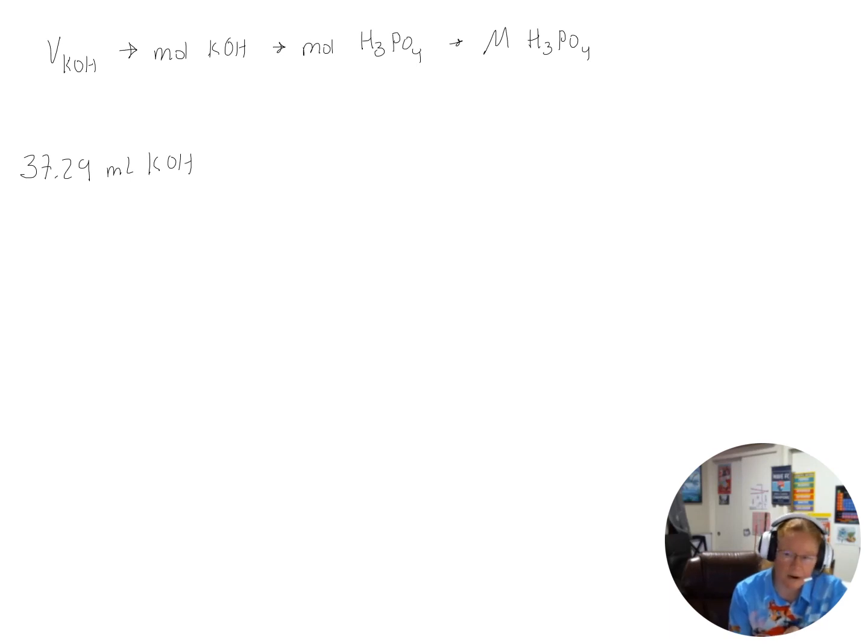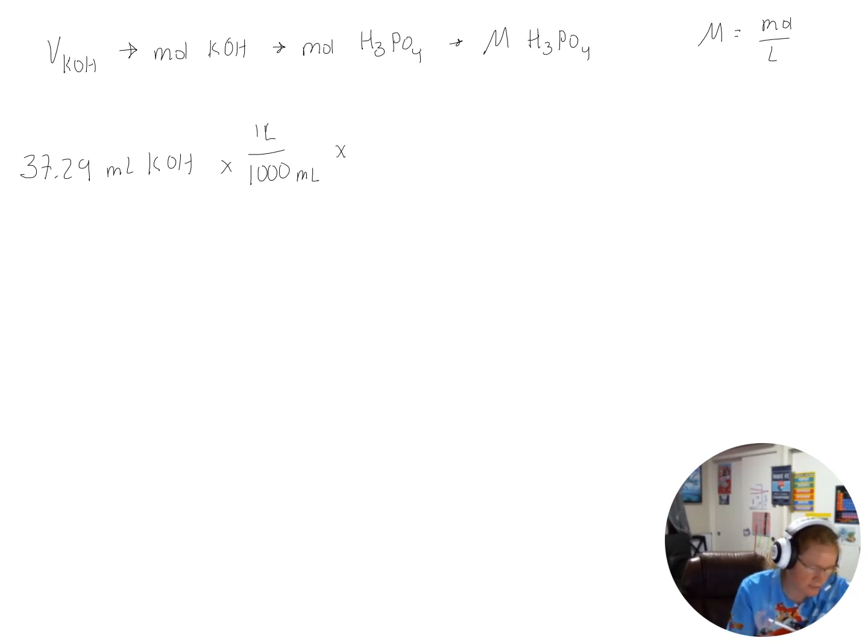Now remember, molarity is in moles per liter. So in order to use the molarity to figure out moles, I need to convert this from milliliters to liters. So I have 1 liter in 1,000 milliliters.